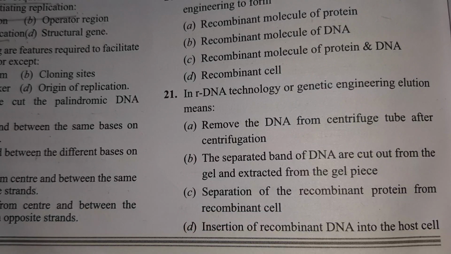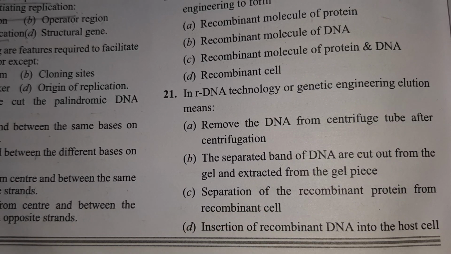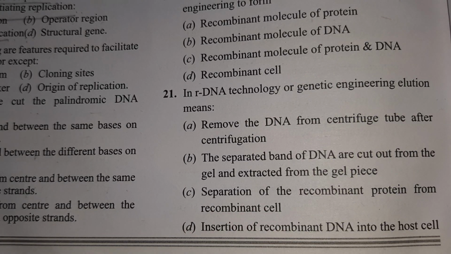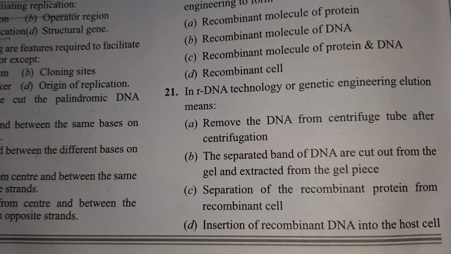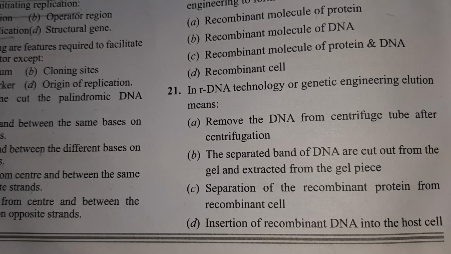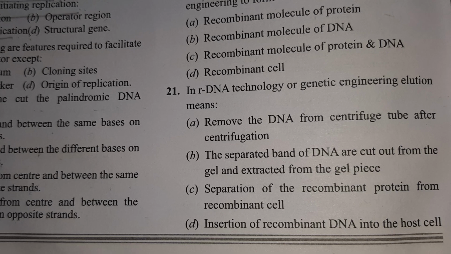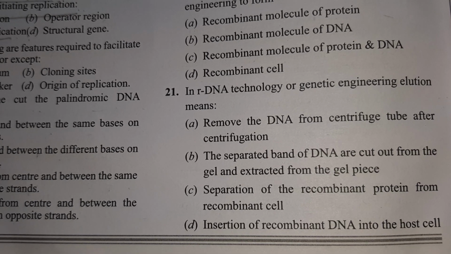Next question is, in rDNA technology or genetic engineering, elution means A. Remove the DNA from centrifuge tube after centrifugation. B. The separated bands of DNA are cut out from the gel and extracted from the gel piece. C. Separation of the recombinant protein from recombinant cell. D. Insertion of recombinant DNA into host cell.